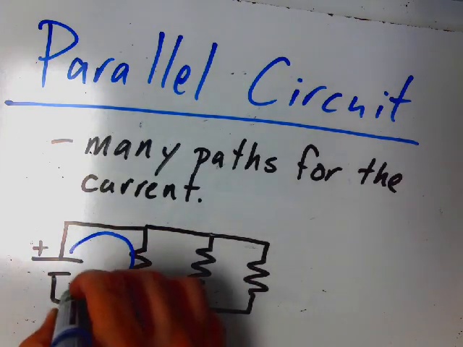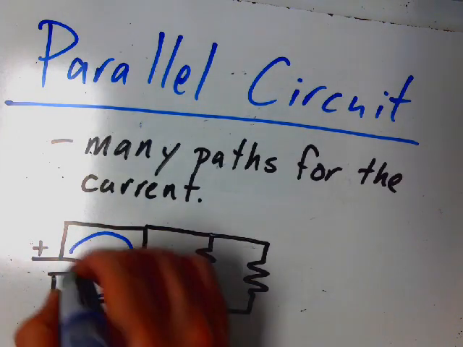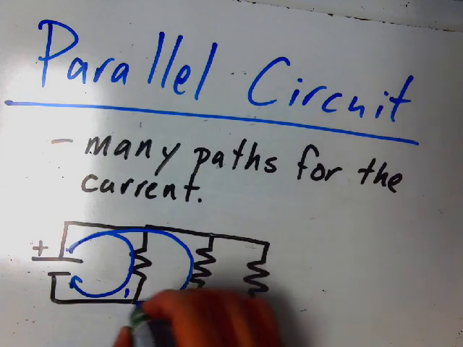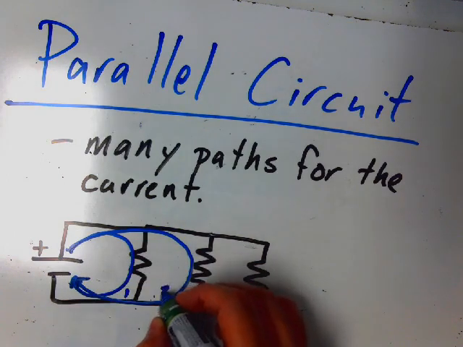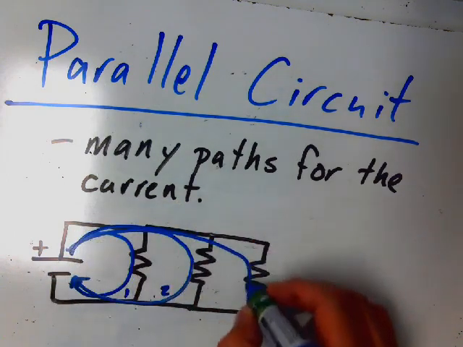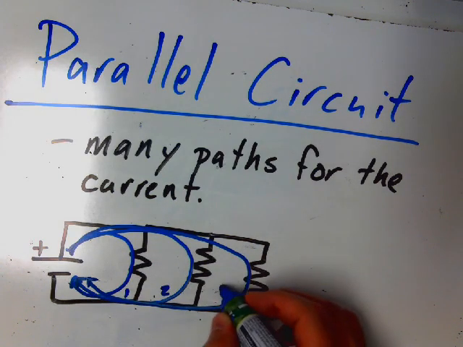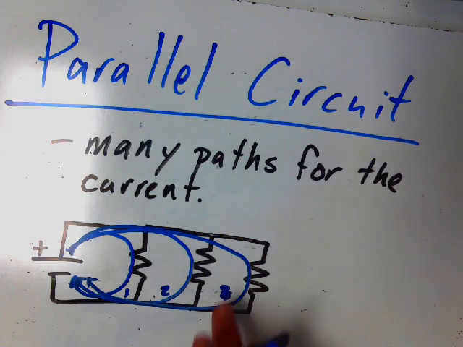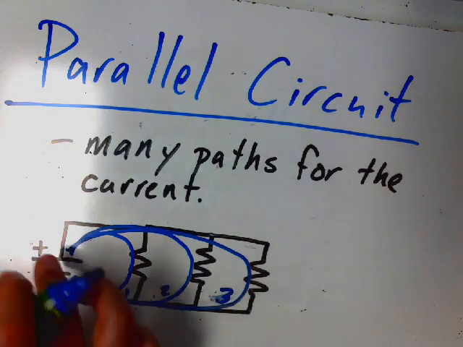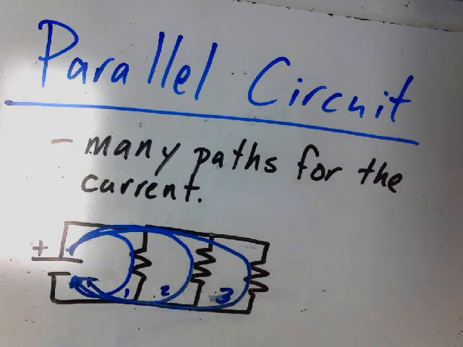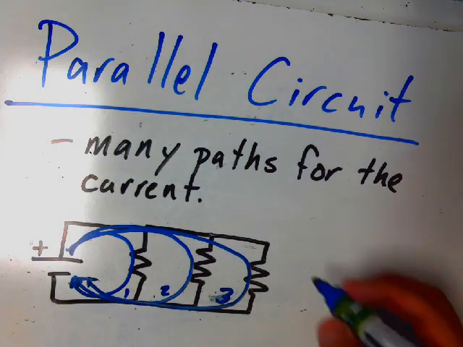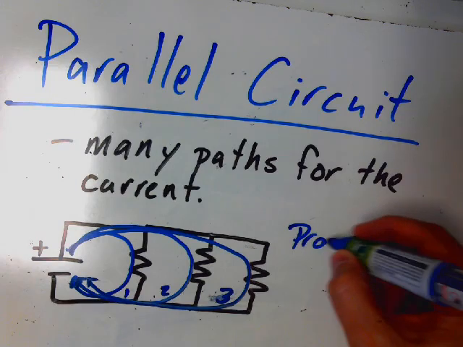Here's path number 1. Path number 2. Path number 3. So there's three different paths from the high side of the battery, the high voltage side of the battery, to the low voltage side.